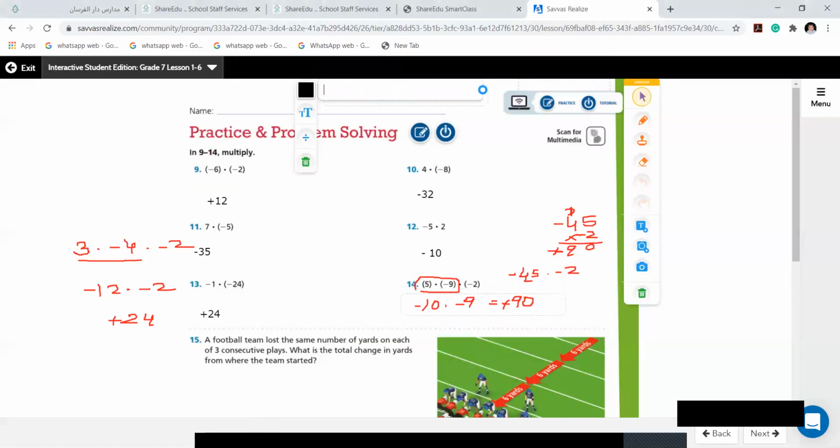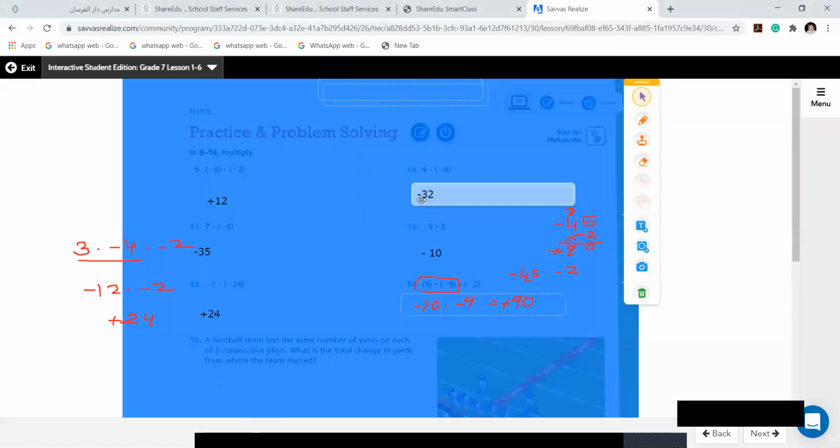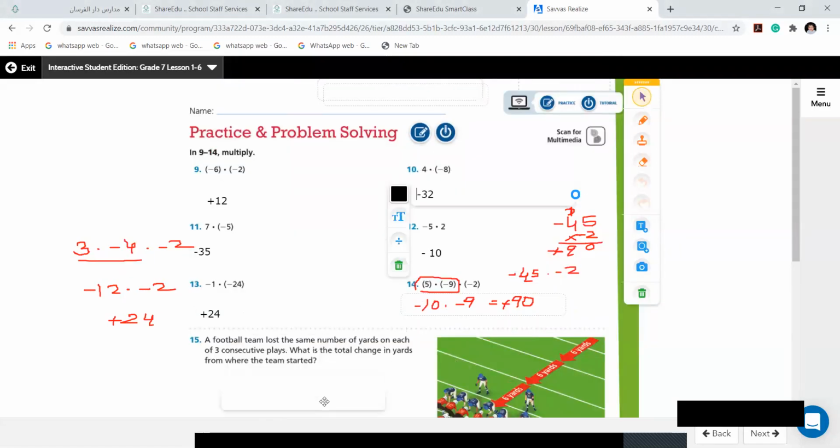So what am I supposed to do? I'm supposed to write here 3 times minus 6, because they lost. It's this way, girls. So what is the answer?